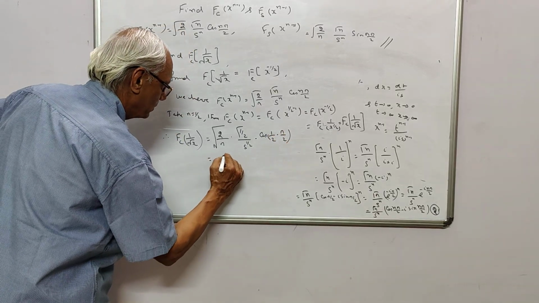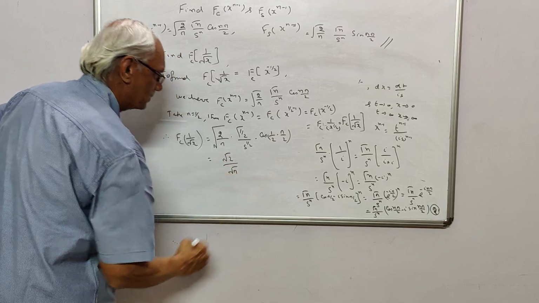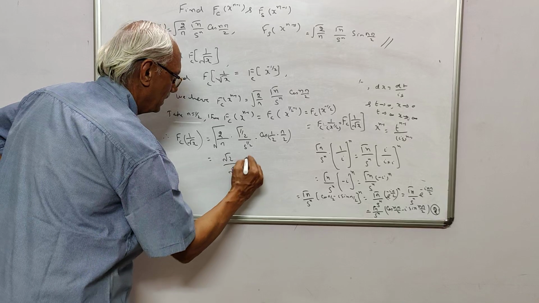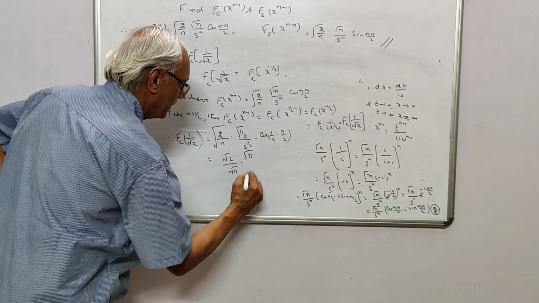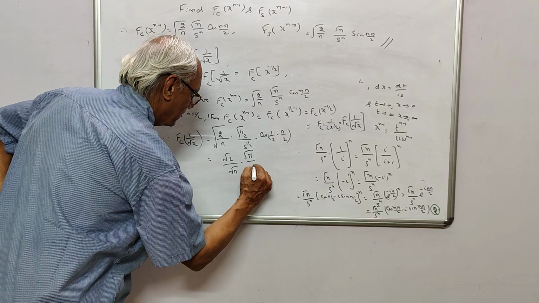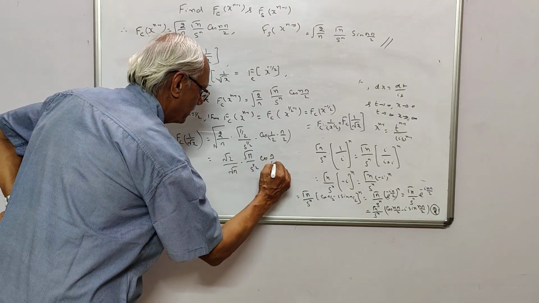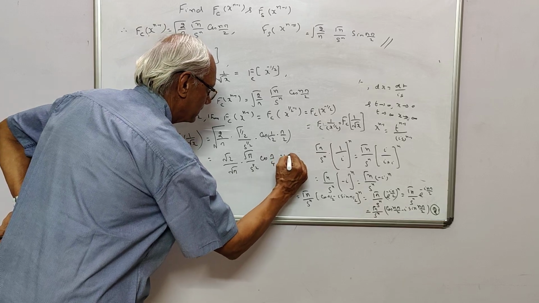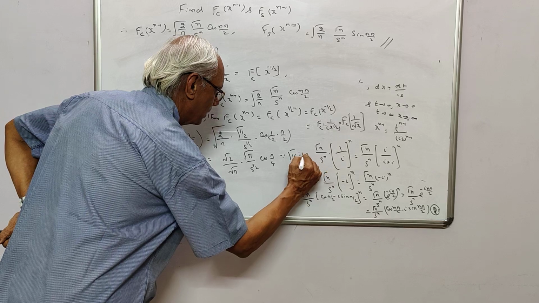So this is equal to square root of 2 divided by square root of pi into gamma of half is square root of pi divided by s to the power of half into cos pi by 4, since gamma of half is equal to square root of pi.